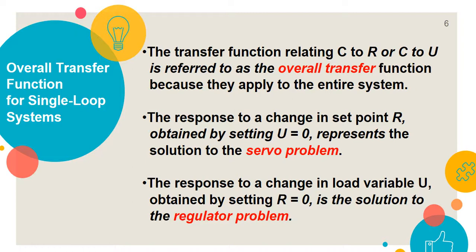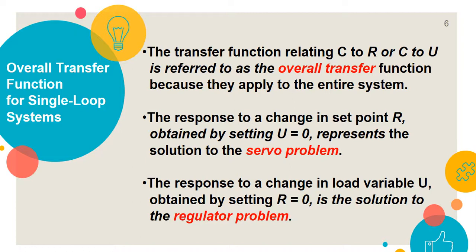Now, the other one is when the response to a change in load is obtained by setting the set point equal to 0. This means that you don't have a set point equal to 0, but rather there aren't any changes in the set point. Whatever the set point is, that should be the value that the controlled variable exhibits, or it should exhibit the value more or less in the range of the set point. And this is most of the time the kind of problem that is worked out in process control.